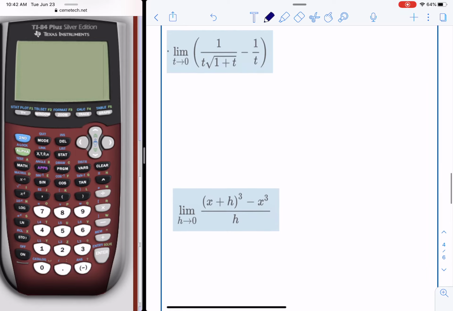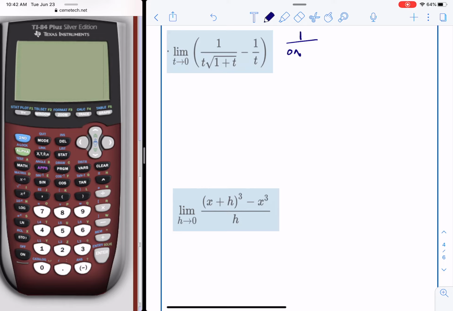So here is another case where we have 1 over t times square root of 1 plus t minus 1 over t. Let's go ahead and apply the limit directly and see what happens. The law states that we can apply the limits to each of the functions.